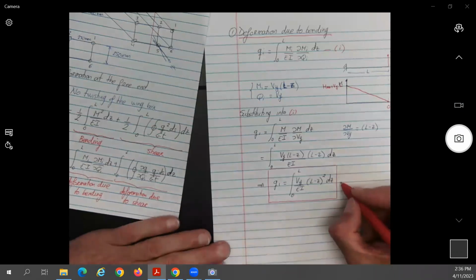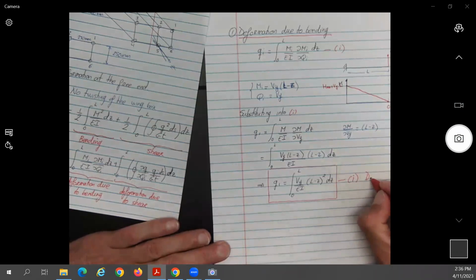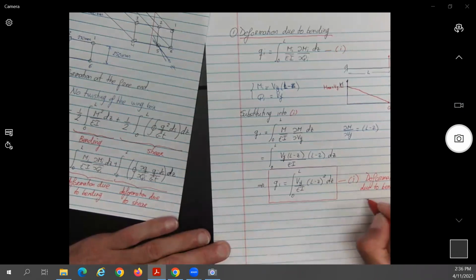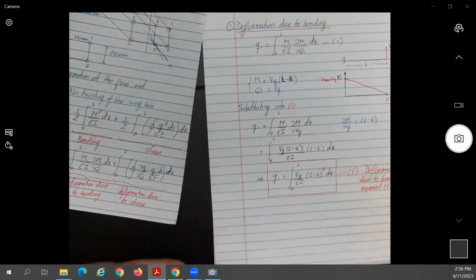Okay, so again, this will be expression 1, which is the deformation due to bending moment M. So, due to bending.